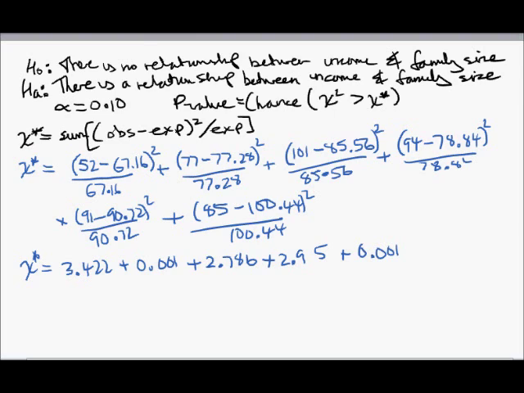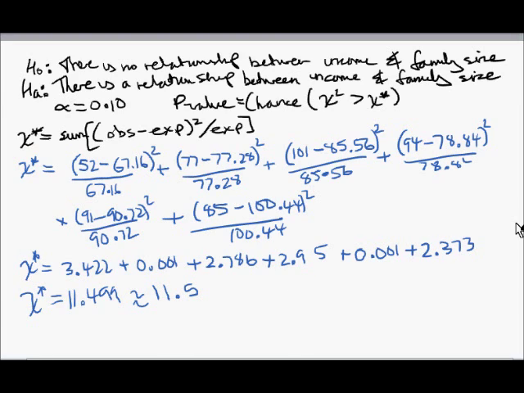That's about a 0. And then the last one, the 85 minus the 100.44 squared over 100.44, is 2.373. And if you add those up, we get chi-star is 11.499, or approximately 11.5.